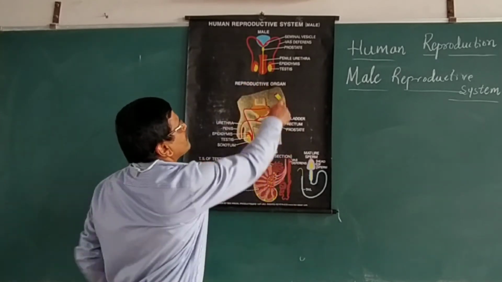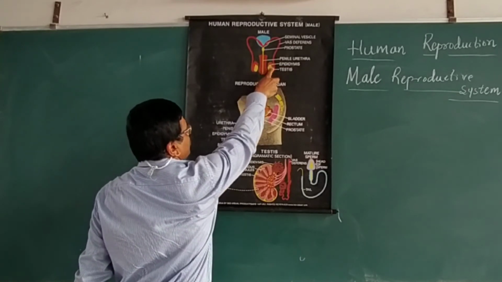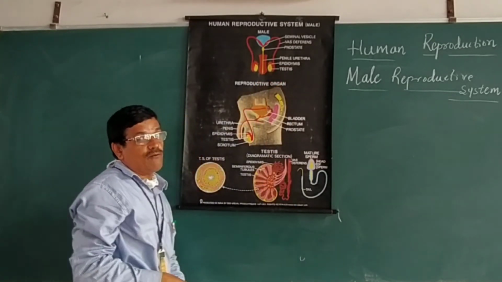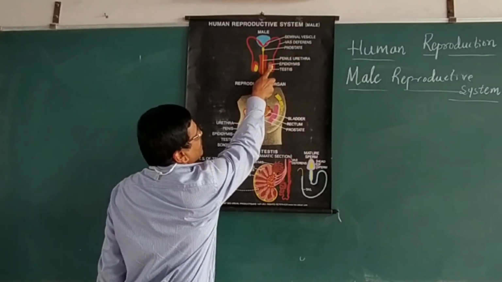So here is the epididymis, and this epididymis is attached to the posterior wall of each testis.